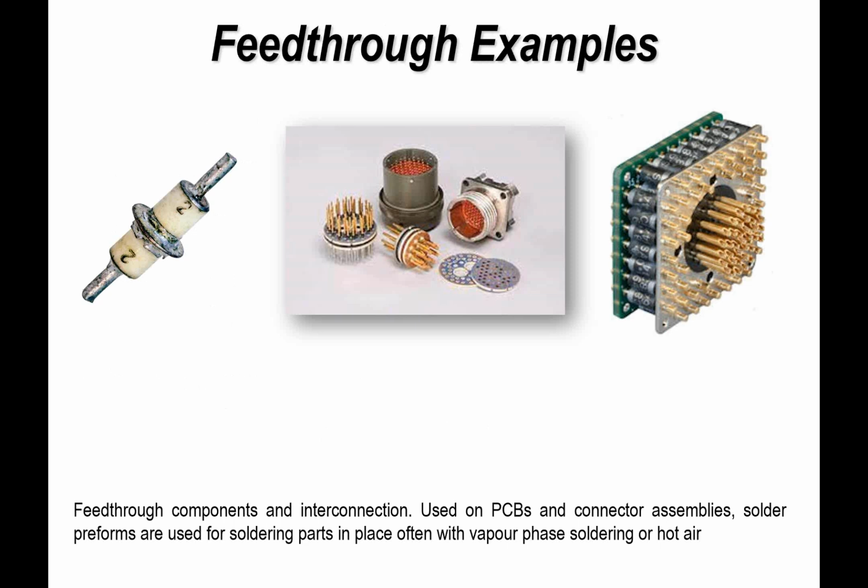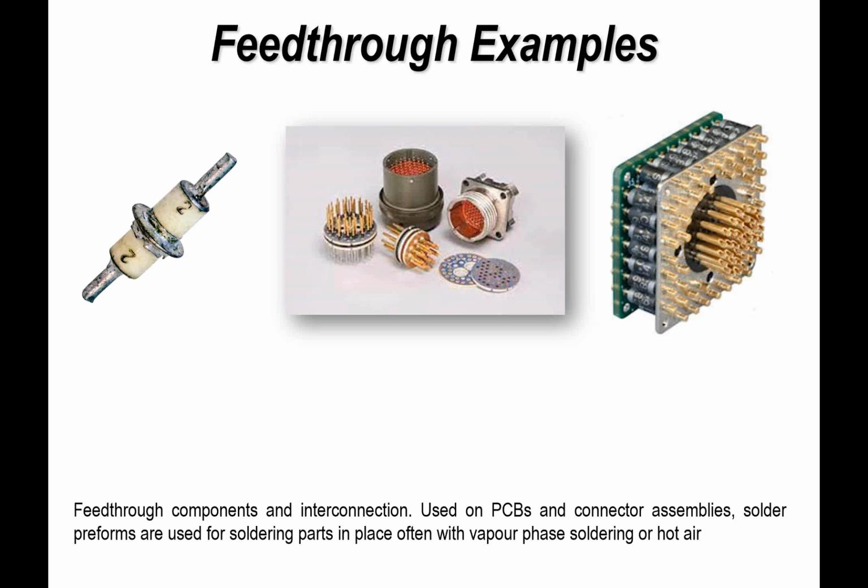Now, I used to assemble feed-through parts for RF circuits, for space applications, and also on connectors. And on these, for the types of military products that we used to produce at GEC Marconi, these were all relatively simple preforms.